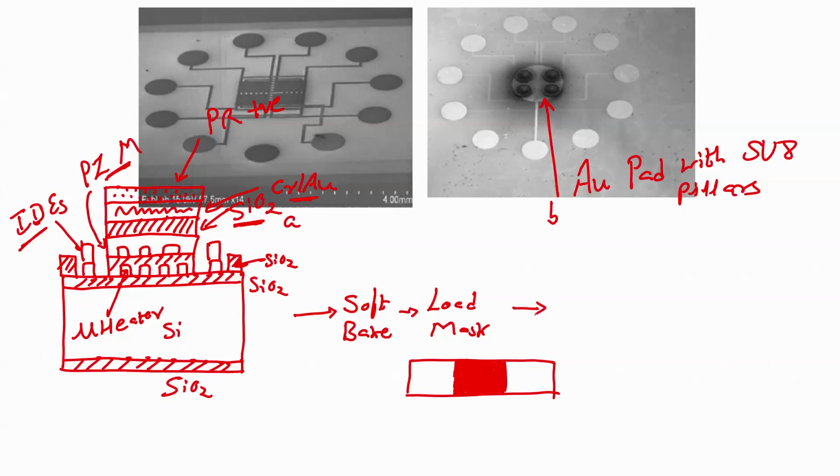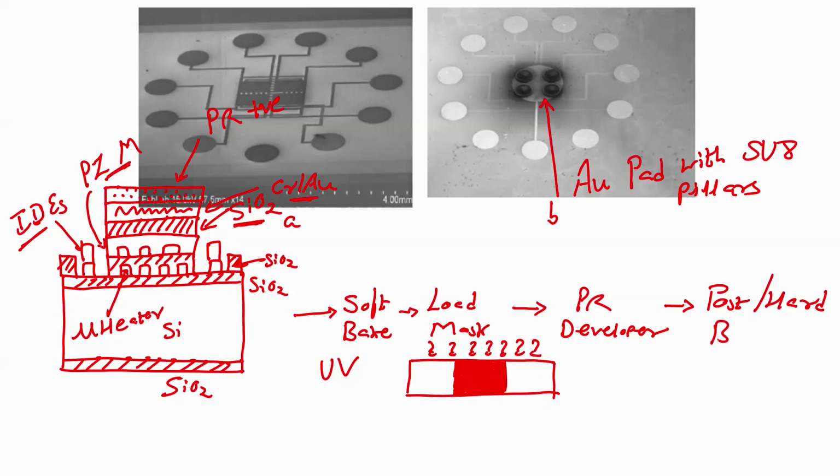After my mask I will perform UV exposure. After UV exposure you know what is the next step, photoresist developer. After photoresist developer, the next step is post bake or hard bake.